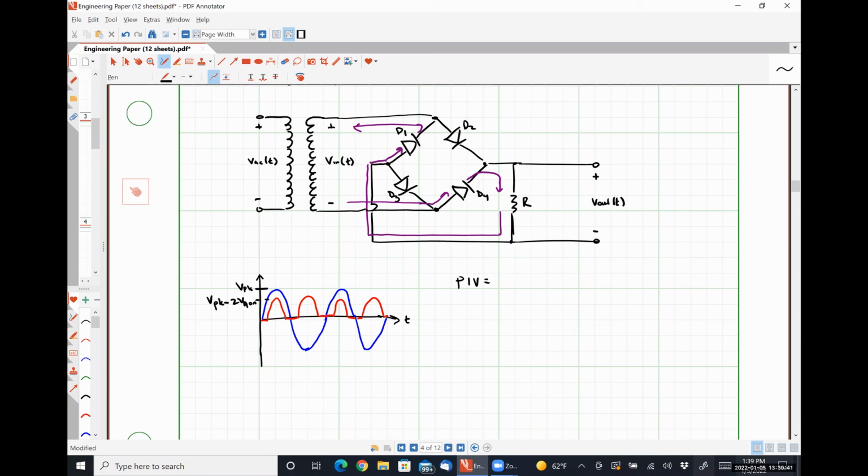Okay, so let's think about this real quick. Let's look at the reverse bias voltage across the diode that I'm calling D4. So let me erase this and put our positive half cycle stuff back on here real quick.